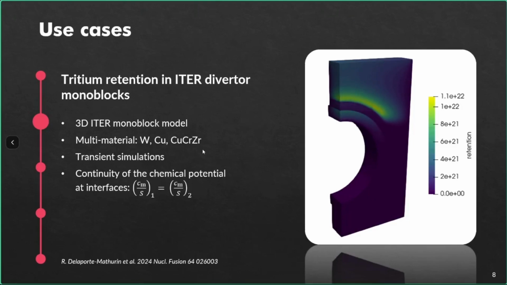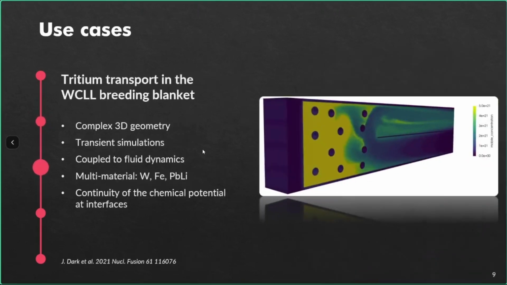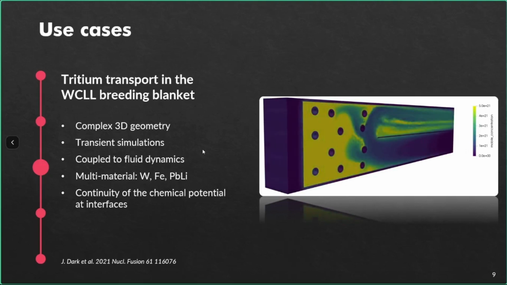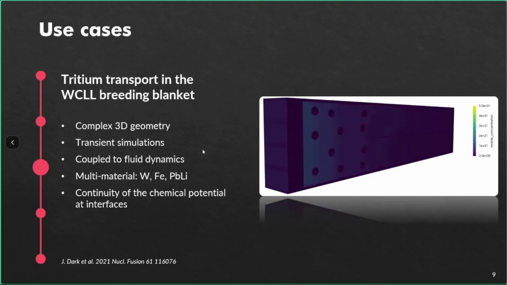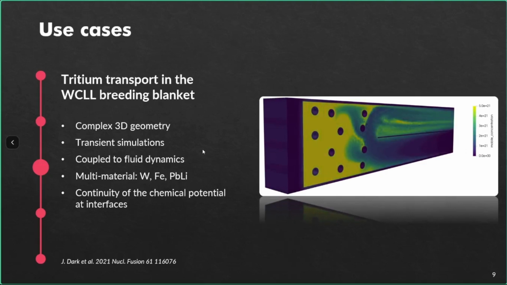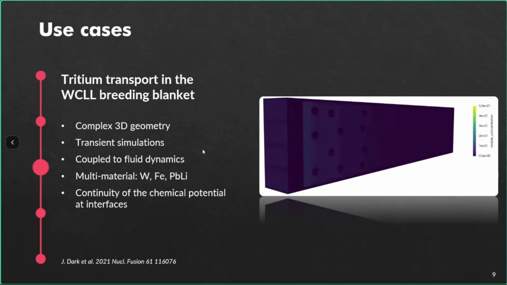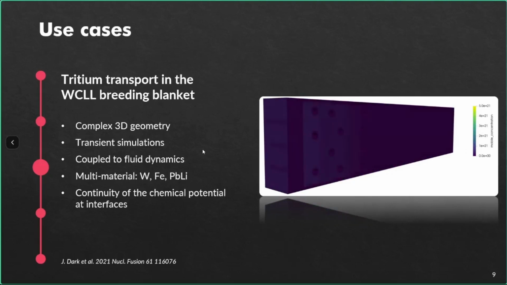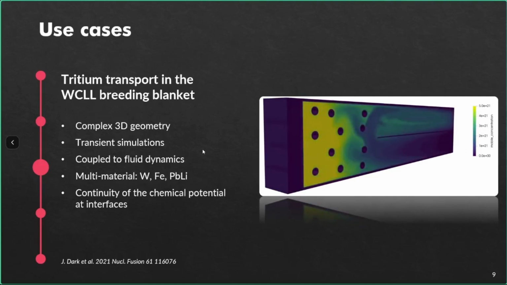The next also very impressive example is the simulation of tritium transport in a DEMO breeding blanket, performed also by James. This example included a complex 3D geometry, several materials, and the hydrogen transport problem was coupled to fluid dynamics to account for the advective flow.